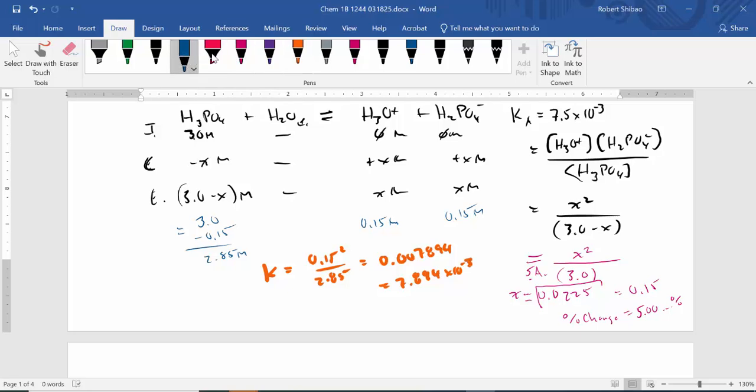And then I compare the two K values. So I have this K value here, and I compare it with the accepted K value here. Is it good enough? Our calculated K value came out to about 7.9. Our accepted K value is 7.5.